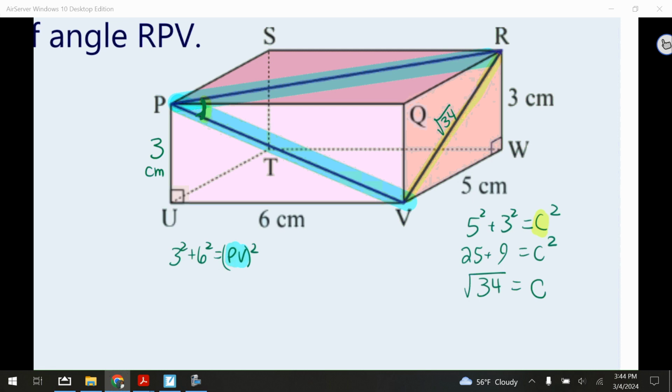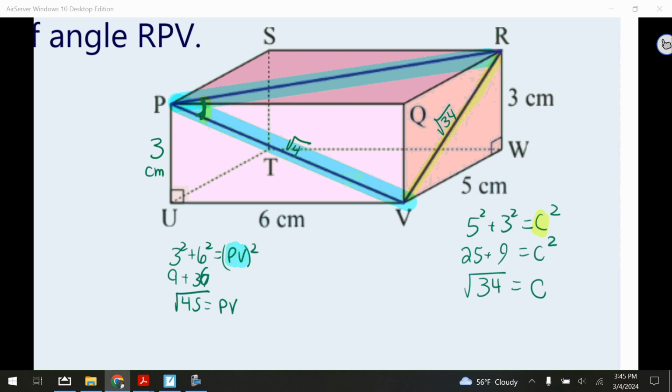So what I get is 9 plus 36, doing my squaring, so I get 45 equals PV squared. Take the square root, that's going to be PV. I can leave that in radical form, or I can find the decimal. It's also 3 radical 5, but I think I'm just going to leave it non-reduced for this point.